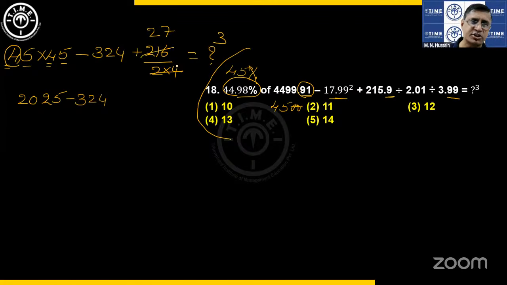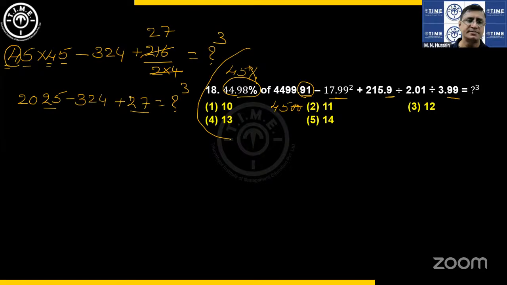So what is the cancellation? 2 into 4, 8. 8 goes how many times? 27 times in 216. So plus 27 equal to question mark cube. Now adding this 25 plus 27, how much is that? 52. So 2052 minus 324.